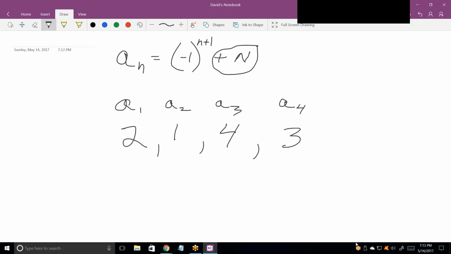Usually when you see a -1 to the nth power or a -1 to the n plus 1, what that's going to do is change the sign. You'll notice that this part of it went plus minus plus minus plus minus. But it turned out that this part of it was growing faster than the minus part.